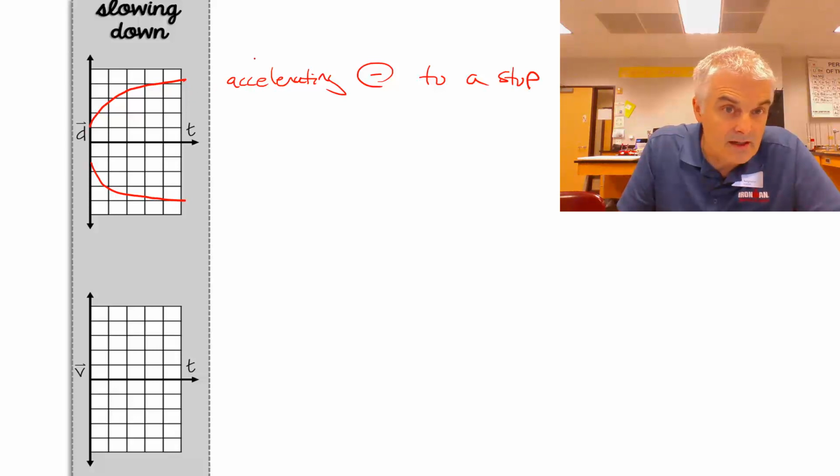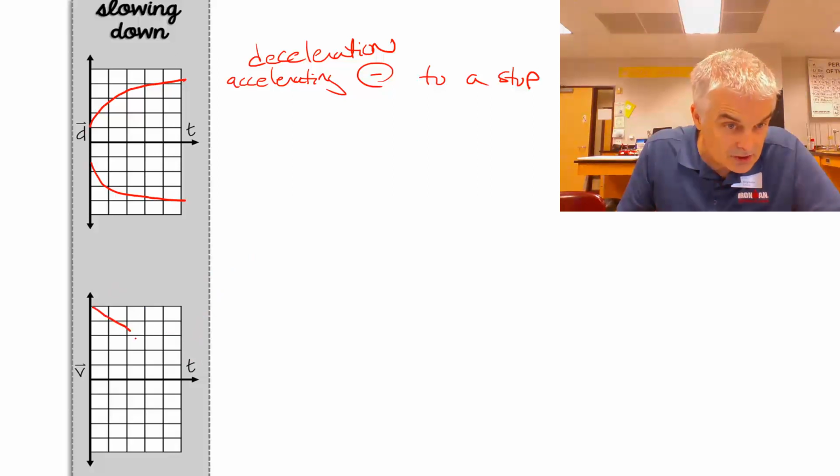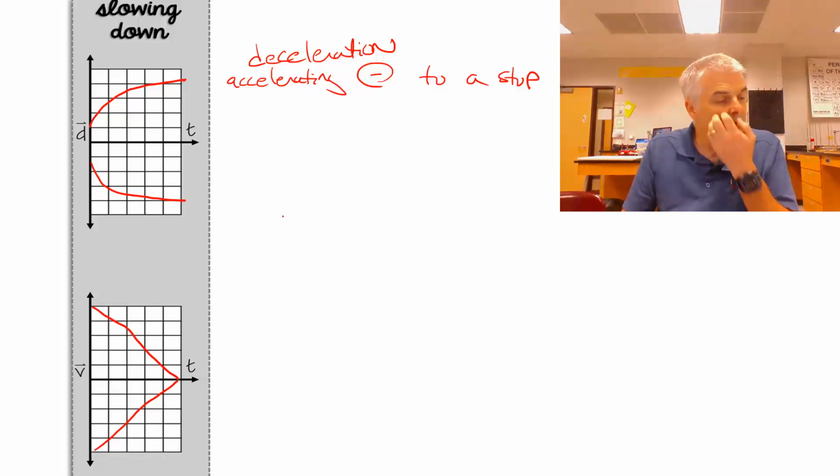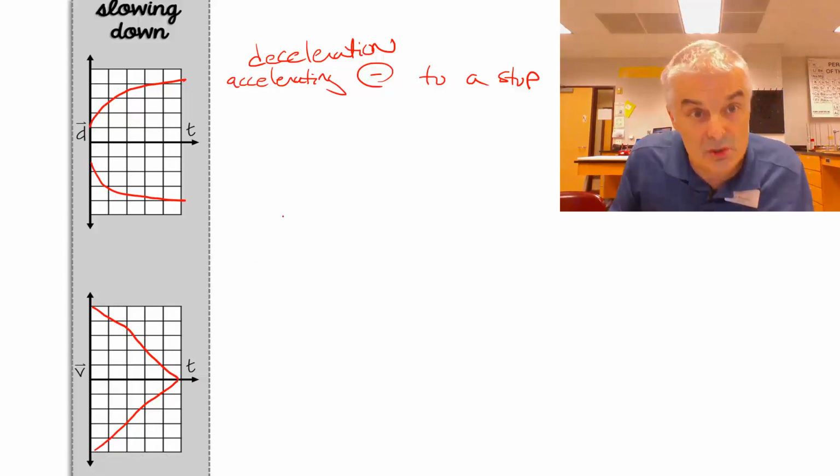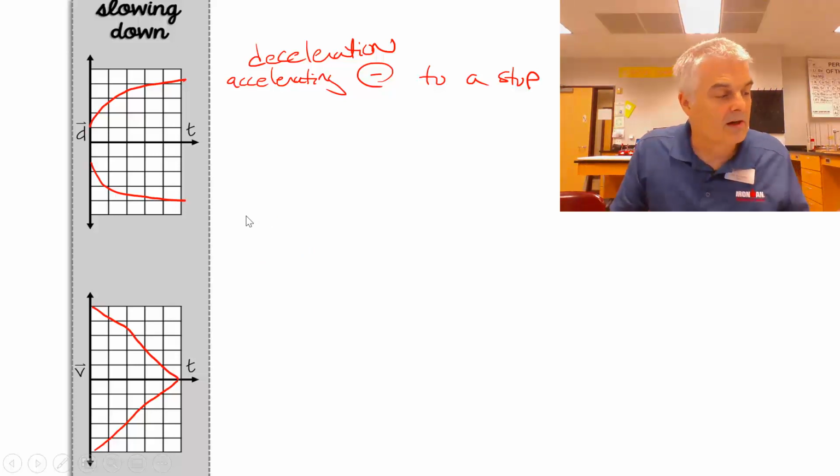So there, we might use the word deceleration. Deceleration is negative acceleration. All right, what might that look like in a VT graph? The interesting thing is it's going to be also a straight line, but notice it's going to be like this.